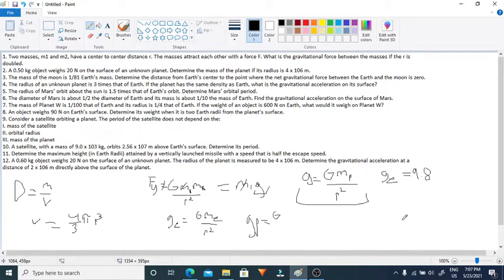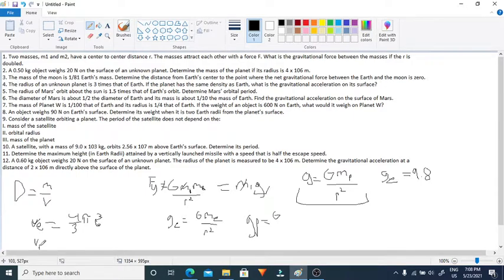Well, we don't know the mass of the planet, but what we do know is its radius, and we know that it has the same density as Earth. So what we can do is solve for the volume of the Earth over here. So the volume of the Earth is going to equal 4/3 pi times r of the Earth cubed.